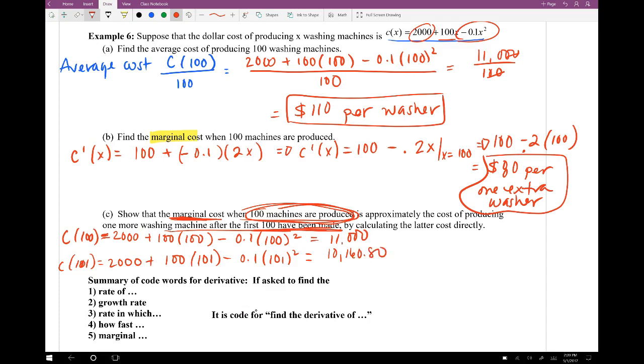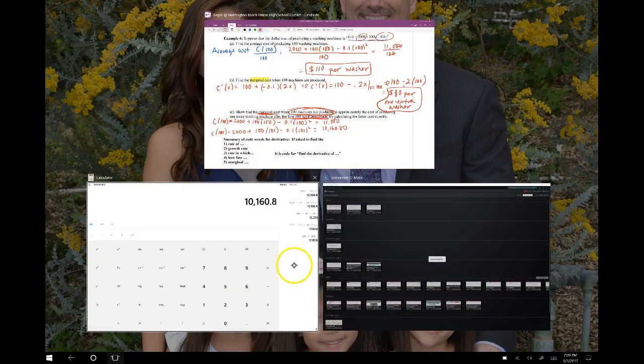Okay, so let's double check that really quickly, and then let's subtract the two together. Is my math right on that? Let me double check the math. You know what? Let me just confirm that with my graphing calculator, because I feel like I entered something wrong.